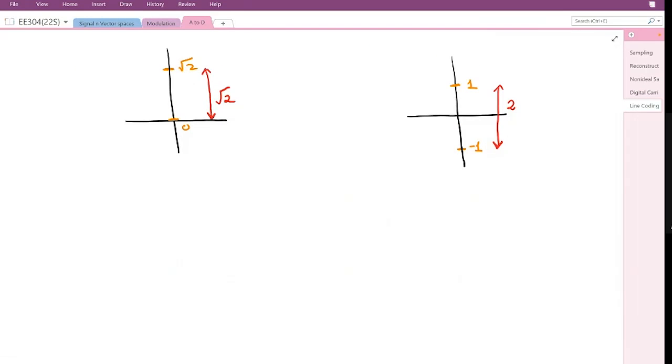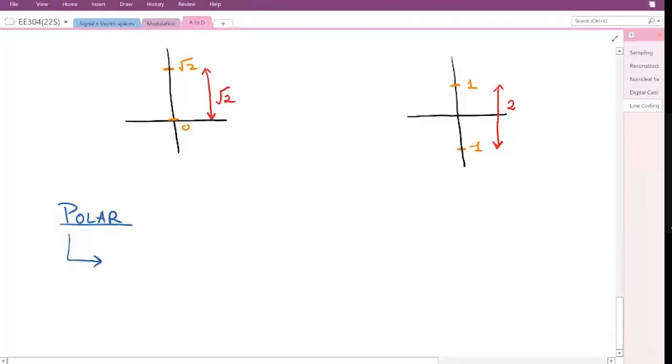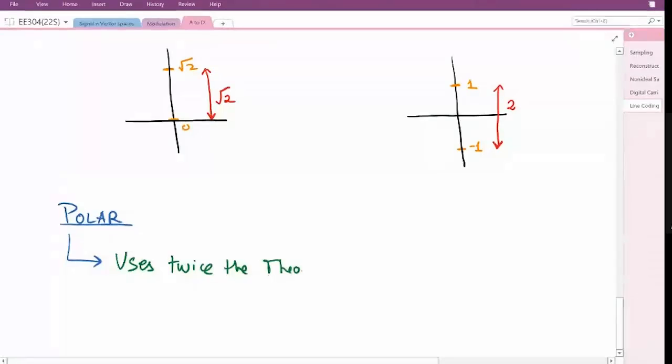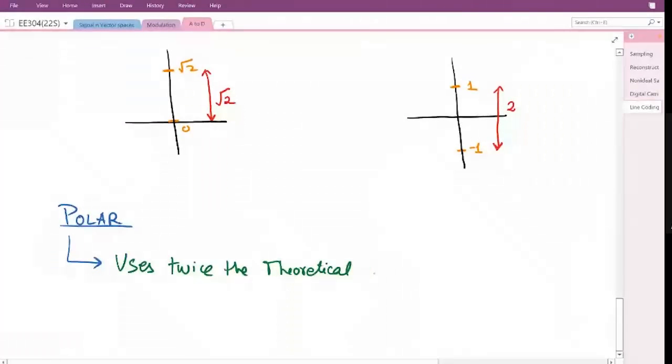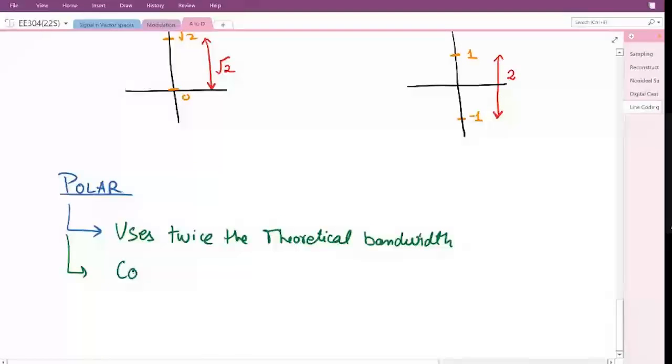I will just summarize this because you have less time. For the polar case, we know that it uses twice the theoretical bandwidth, and the other thing is we cannot do error detection plus correction.